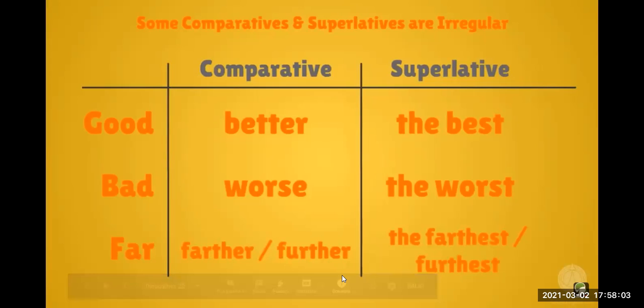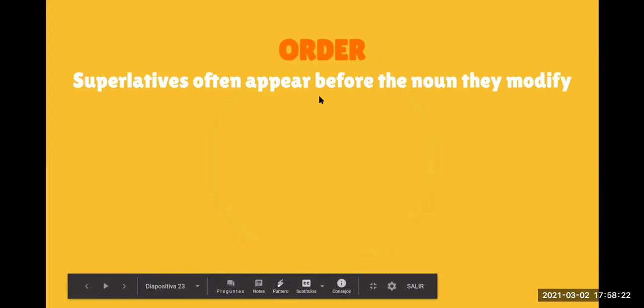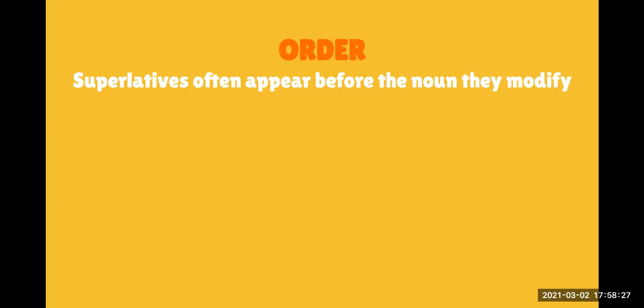Okay, so we have some order to follow in the sentences when we are talking about comparatives and superlatives. From here we are going to talk just about superlatives. It says, superlatives often appear before the noun they modify. So if we are talking about a tree, the superlative form appears before the tree.